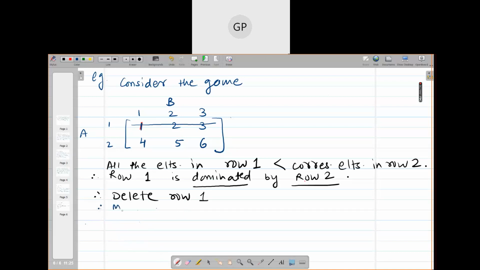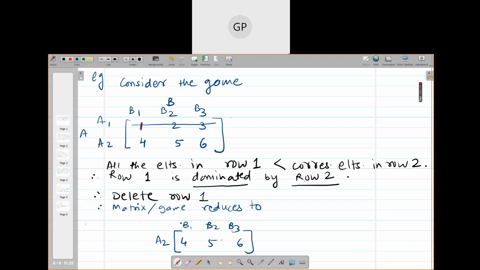Therefore, the matrix or game reduces to 4, 5, 6, with B1, B2, B3. Now here you will have to apply column dominance. How will you write it?